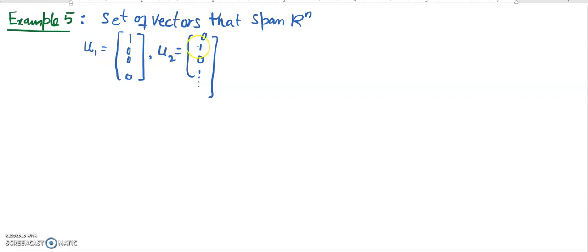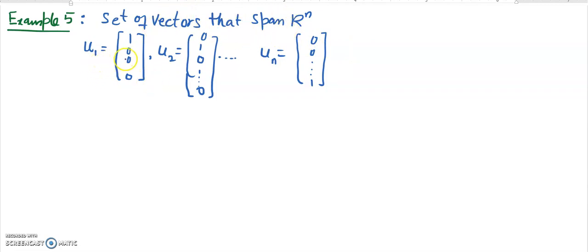So u2, the second term will be 1. All other terms will be 0, and so on. So un, the last term will be 1, and all other terms will be 0. All of these are n by 1 vectors with n components. So these are the vectors which span Rn.